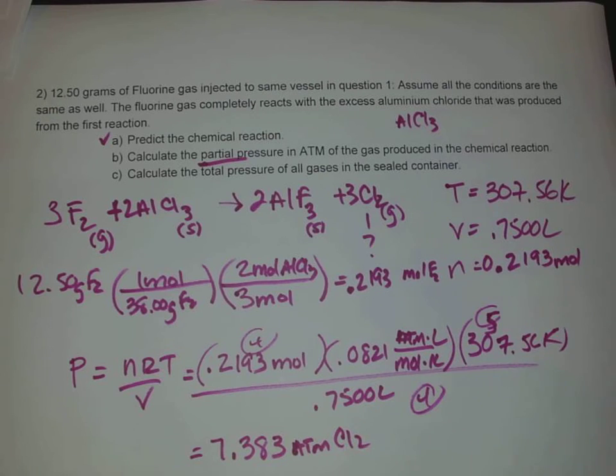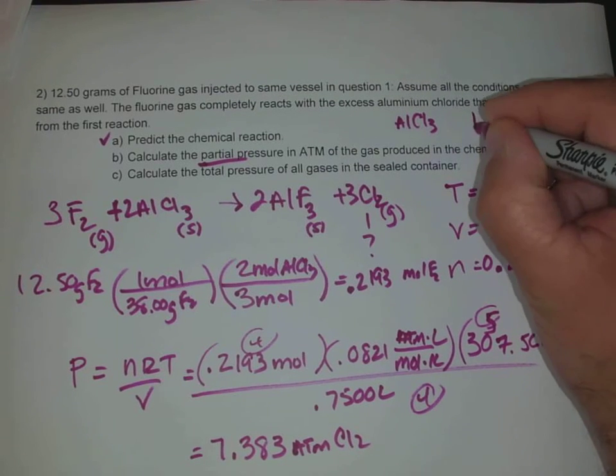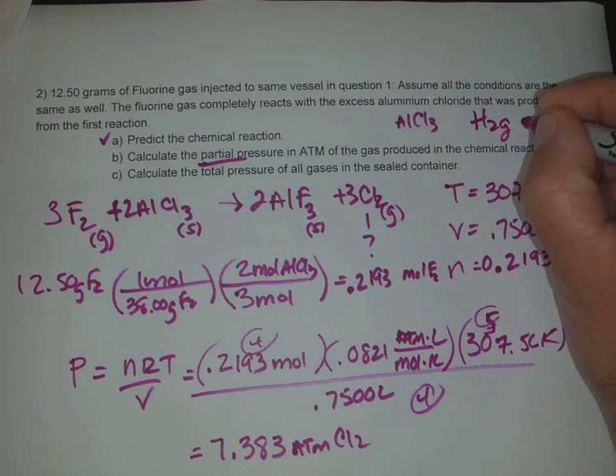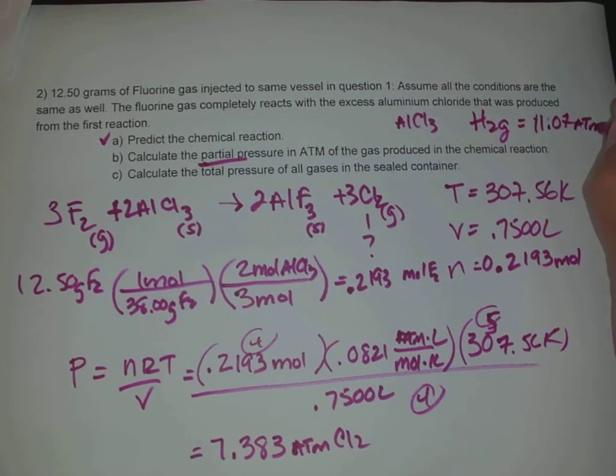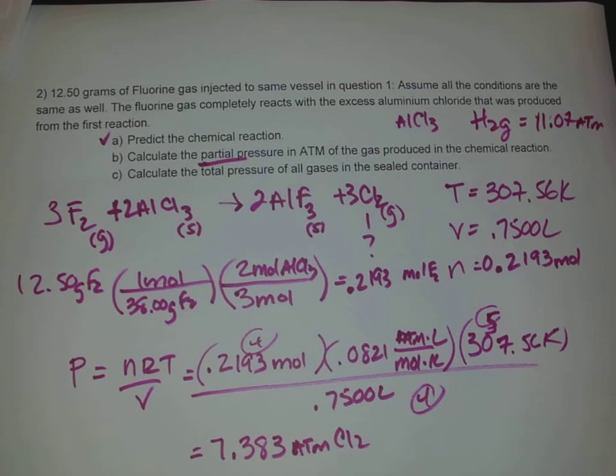But remember, there is some H2 gas, and I believe it was like 11.07 atm. So that hydrogen gas is also contributing to the pressure. So when you have two gases together, we take those individual pressures as partial pressures, just like the air we're in right now.